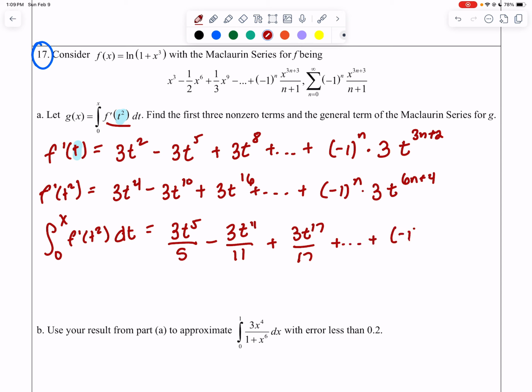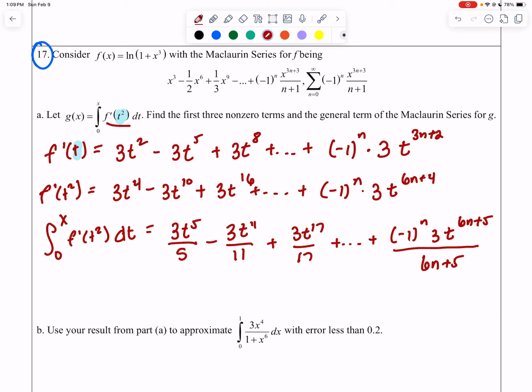And then that's going to be negative 1 to the n, 3t to the 6n plus 5 over 6n plus 5. Pretty nasty, I know.